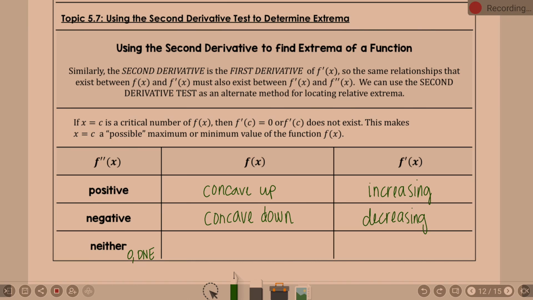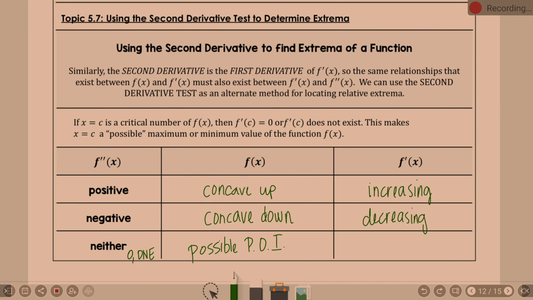So if your second derivative is neither, so it's 0 or DNE, what is possibly happening in the original graph? It's an inflection. This is a possible point of inflection. Is it guaranteed? No, not until you do a little check. But it is a possible point of inflection.